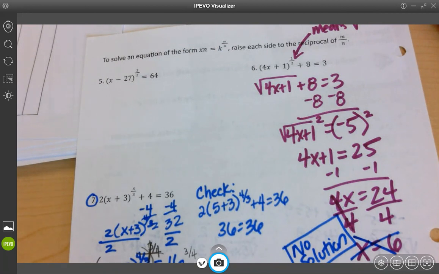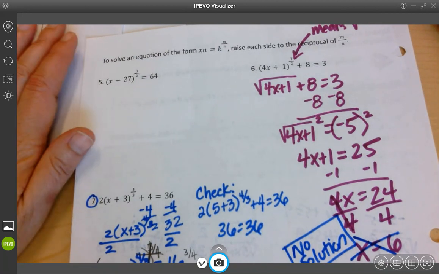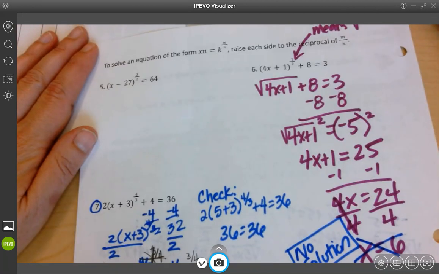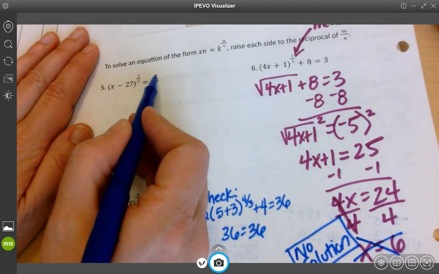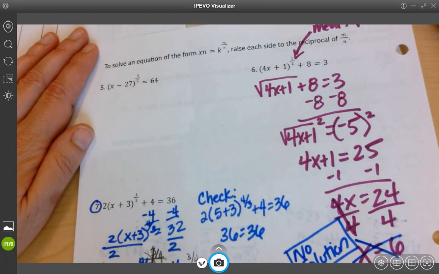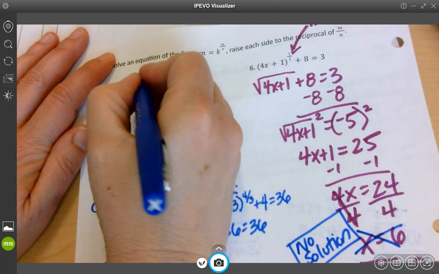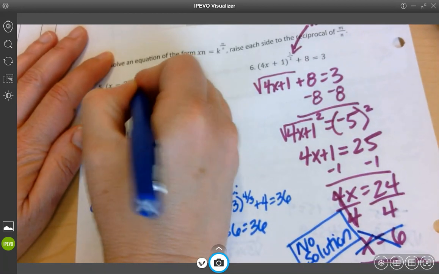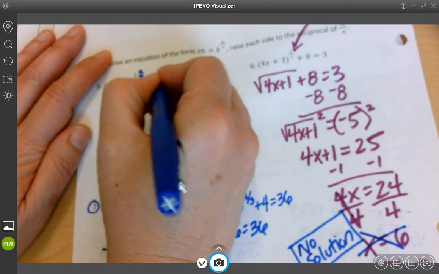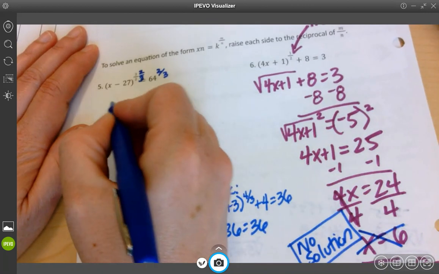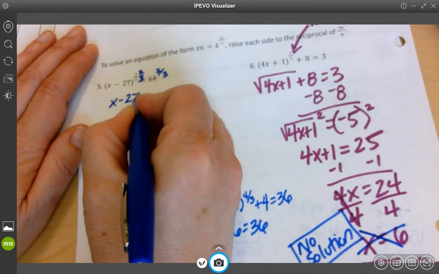All right, folks, I think you're doing great with this. So most of you realized that you needed to raise both sides to what power? 2/3. Good. So you're going to use the reciprocal because the 2's will cancel and the 3's will cancel here. So I just have x minus 27.